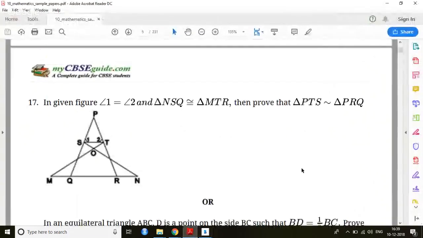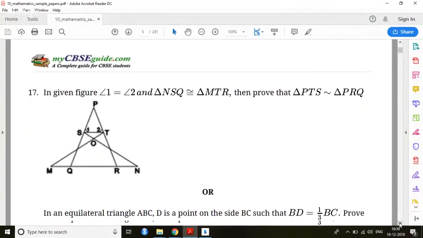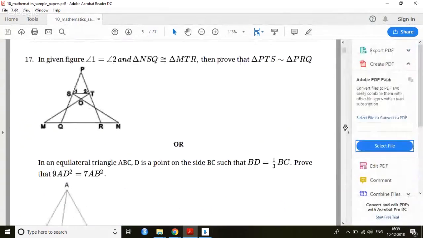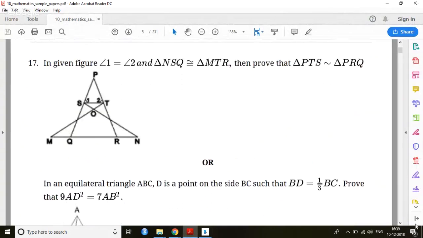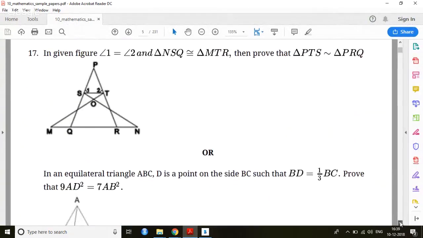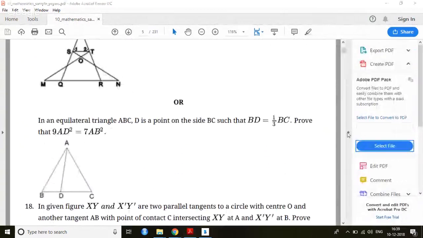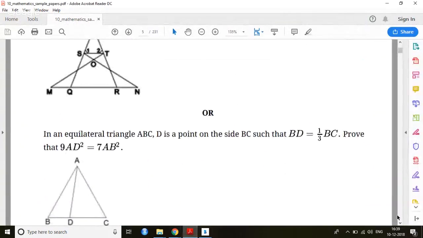Now let me go to the B part of this. So the B part is telling me that in an equilateral triangle ABC, D is a point on BC such that BD is 1 by 3 BC. Prove that 9AD square is equal to 7AB square. So how do you prove it?